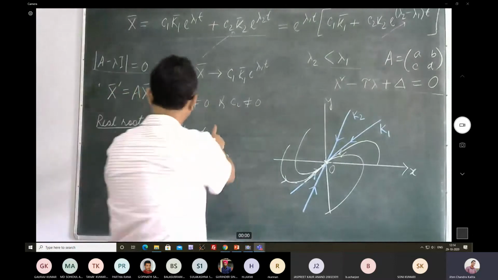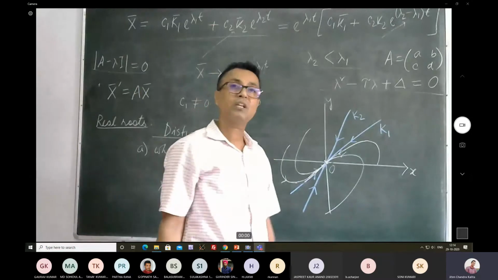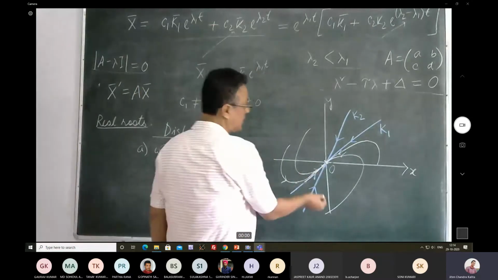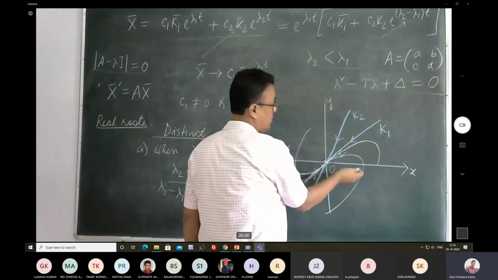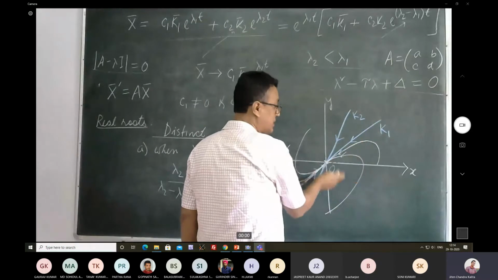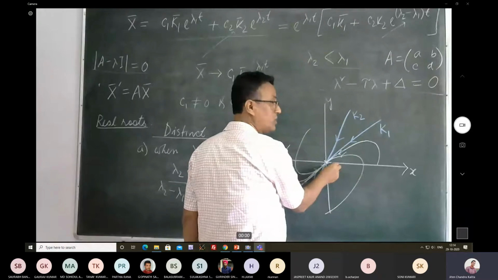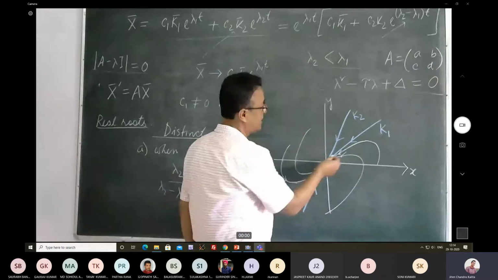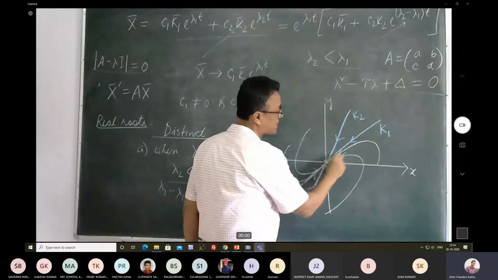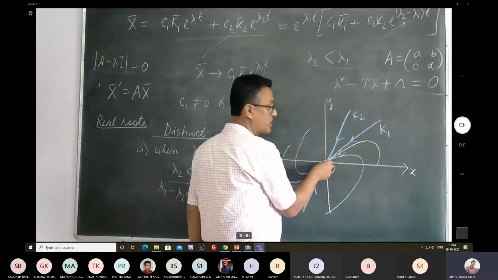Okay, and in this particular case, what is going to happen when both lambda 1 and lambda 2 are negative? All the other curves are going to spiral towards the critical point 0 here. Okay, and yesterday I had explained to you that for this curve, what is going to happen at the point 0?